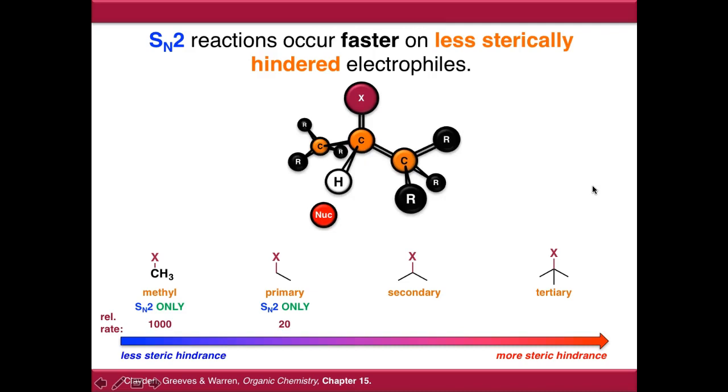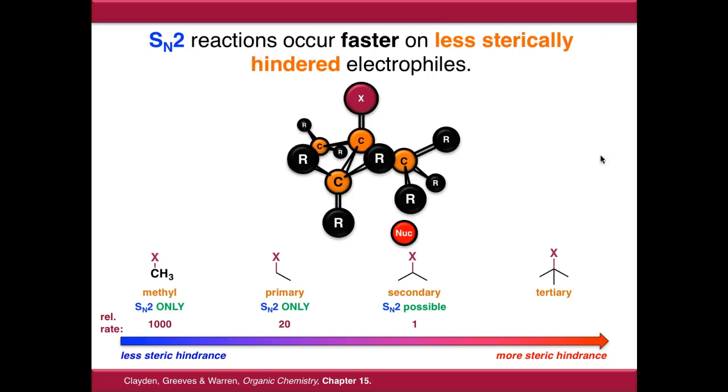If we add another group to become a secondary electrophile, we've introduced more steric crowding again, so the nucleophile's got to work harder to access that antibonding orbital. The relative rate now drops to 1, but SN2 is still possible. If we move to a tertiary electrophile, there's simply too much steric encumbrance around here. The nucleophile cannot access the sigma star antibonding orbital, and SN2 does not occur at tertiary electrophiles. You cannot do an SN2 reaction on a tertiary electrophile.